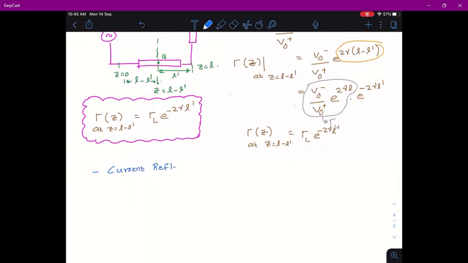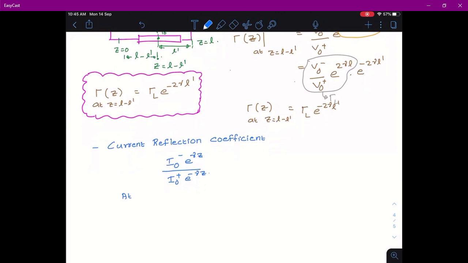reflection coefficient, which is basically the ratio of the reflected current to the transmitted current.